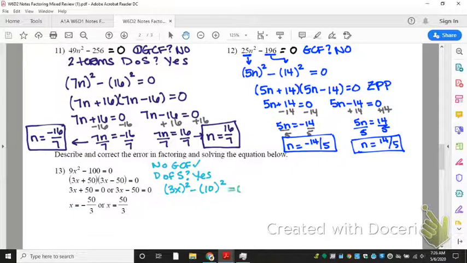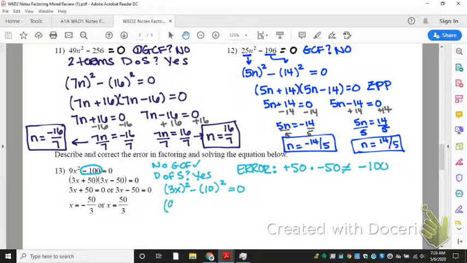So this is equal to 0, so what is the problem? So the error is that positive 50 multiplied by negative 50 is not negative 100 as it states right here. So that's the problem. So let's go ahead and fix this.